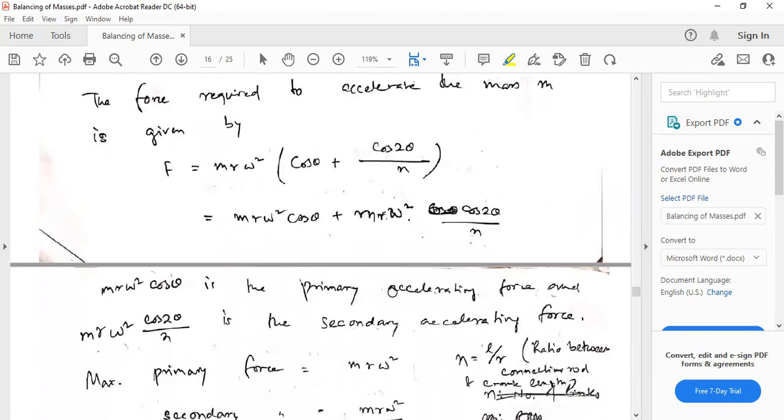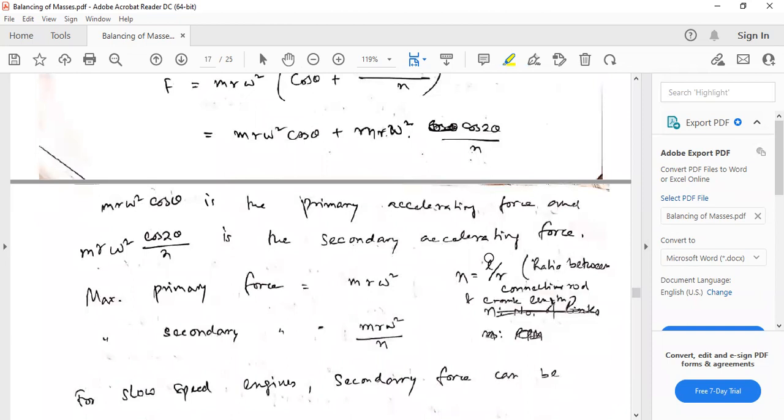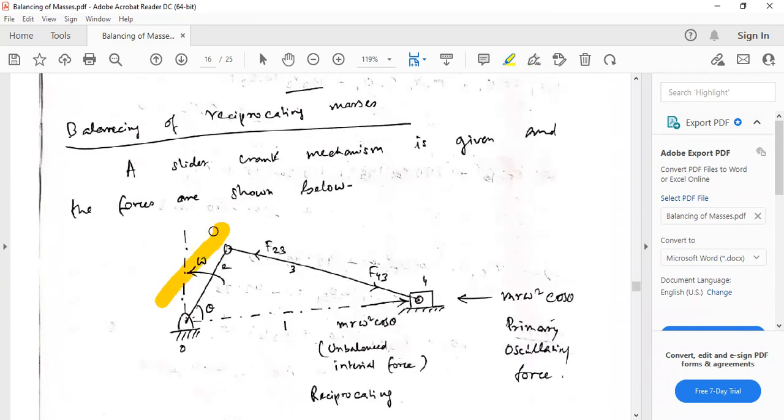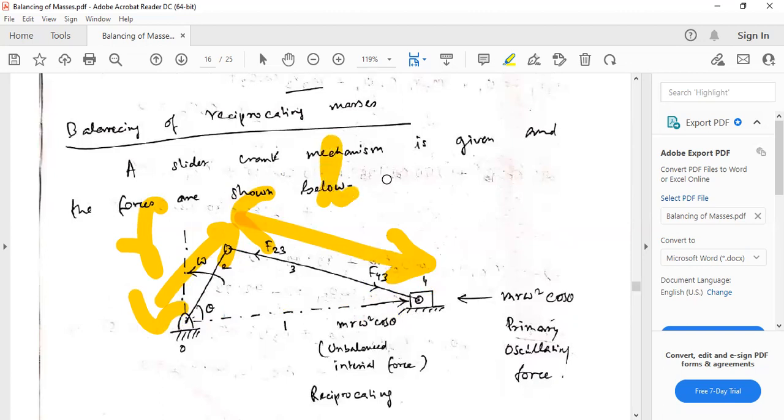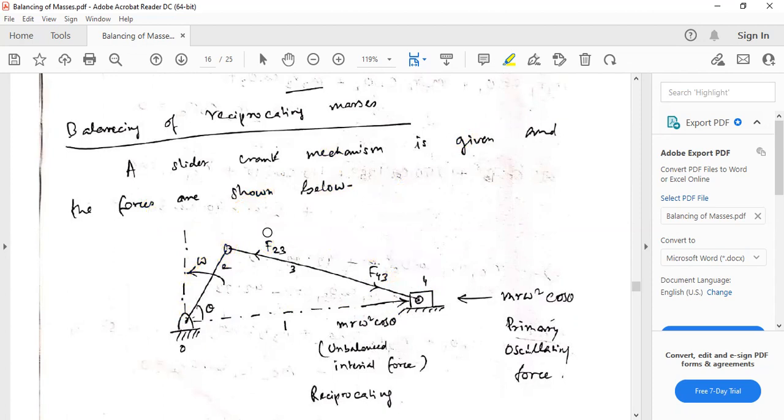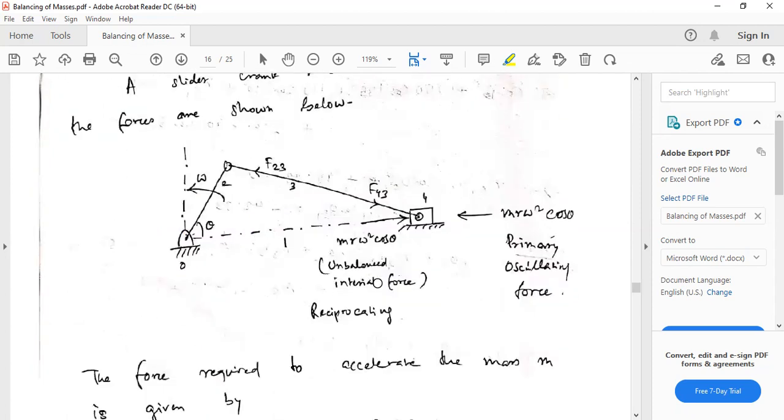First we will write down the ratio between the connecting rod length and the crank length. Let's take the crank length as r, and the length from here to here, the connecting rod length, as L. So L by r we will just write as n, whatever the value of the length of the connecting rod divided by the length of the crank is.